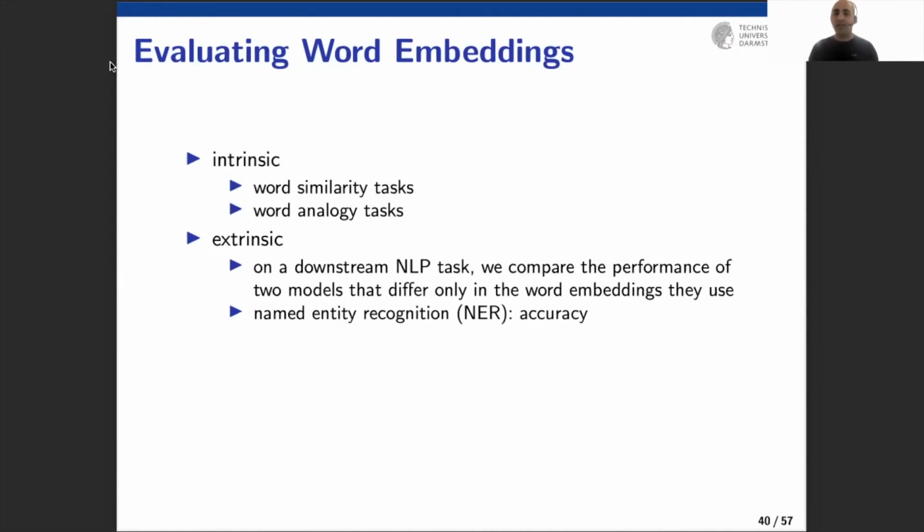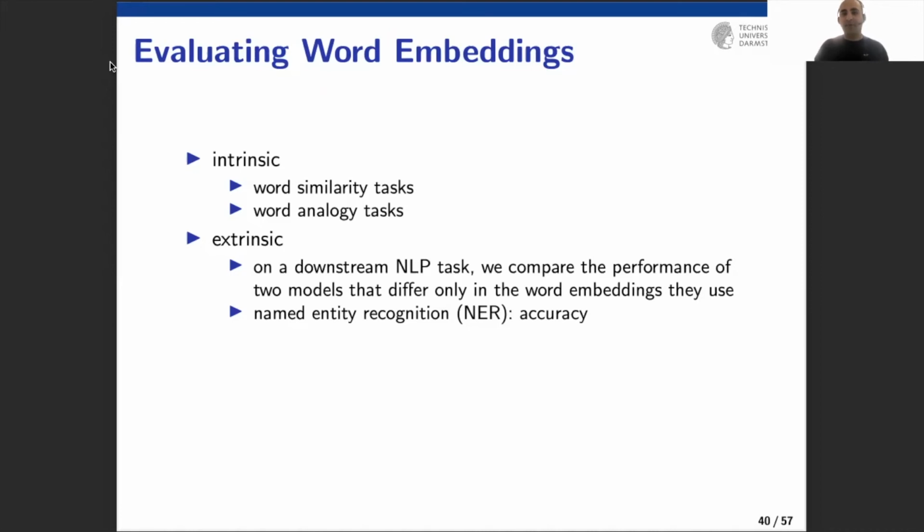For example, for the named entity recognition task, we pick a model that already works perfectly fine on named entity recognition, and we use word embedding 1 and word embedding 2 in two different runs. In run 1, we try this model with word embedding 1, for example GloVe, and in run 2, we try another word embedding, for example the word embeddings that we obtained by skipgram.